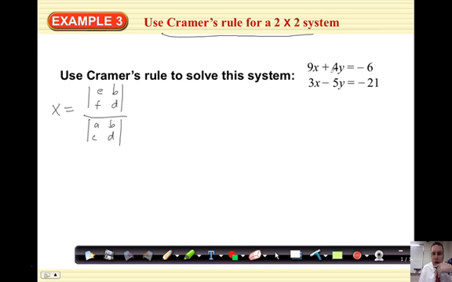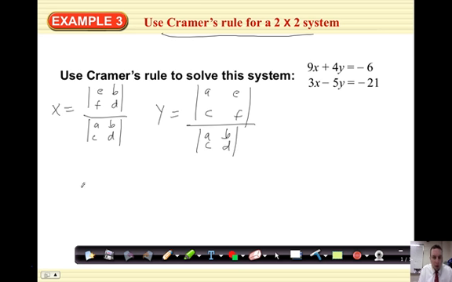Okay, it's already set up. x, y, constant, x, y, constant, set up for you. y is equal to the pattern, if you memorize the pattern, right? So AECF. The A, the E, the C, the F. Determinant divided by A, B, C, D.